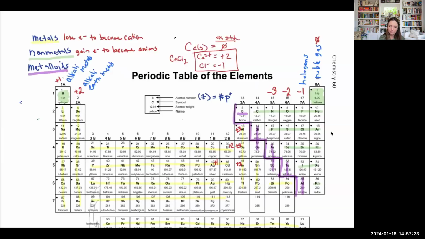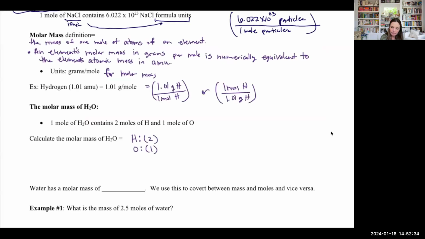I'm going to switch to mine. So hydrogen, mass of 1.01. Oxygen, a mass of 16.00. So hydrogen, 1.01 grams per mole. Oxygen, 16.00 grams per mole.